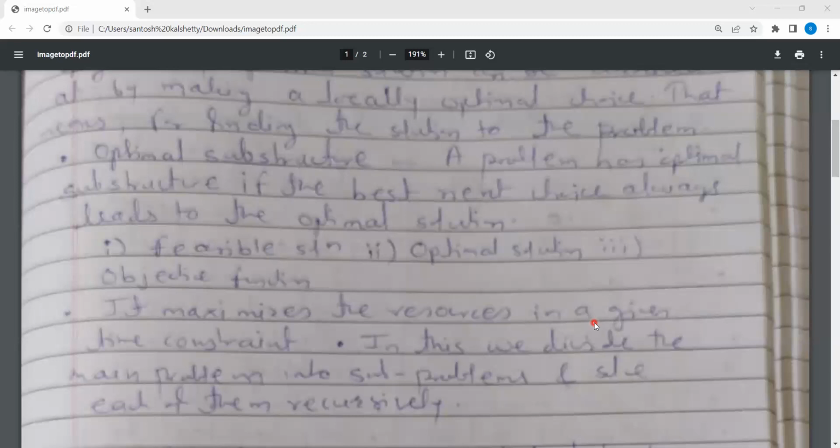In the exam, this question is asked: what are the general characteristics of greedy strategy? First is greedy choice property and second is optimal solution.